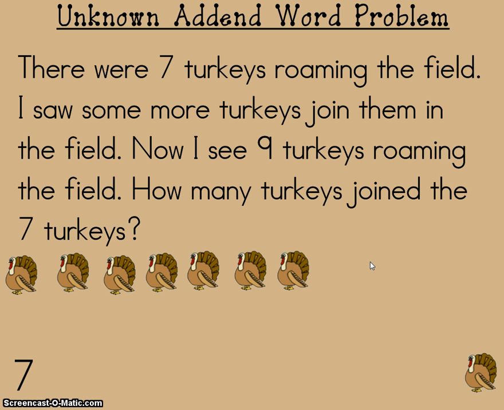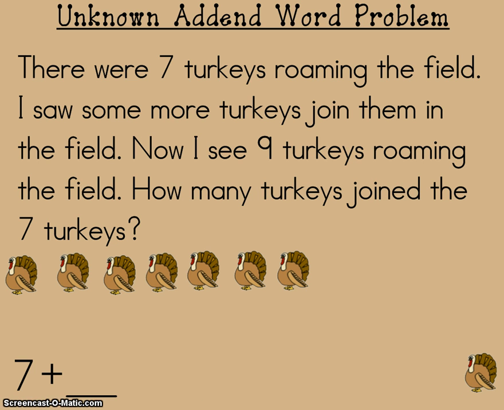Then it says, I saw some more turkeys join them in the field. When it tells me that I saw some more turkeys, I don't know how many they're talking about. I know that I'm adding more turkeys. I just don't know how many, so I'm going to leave it blank.